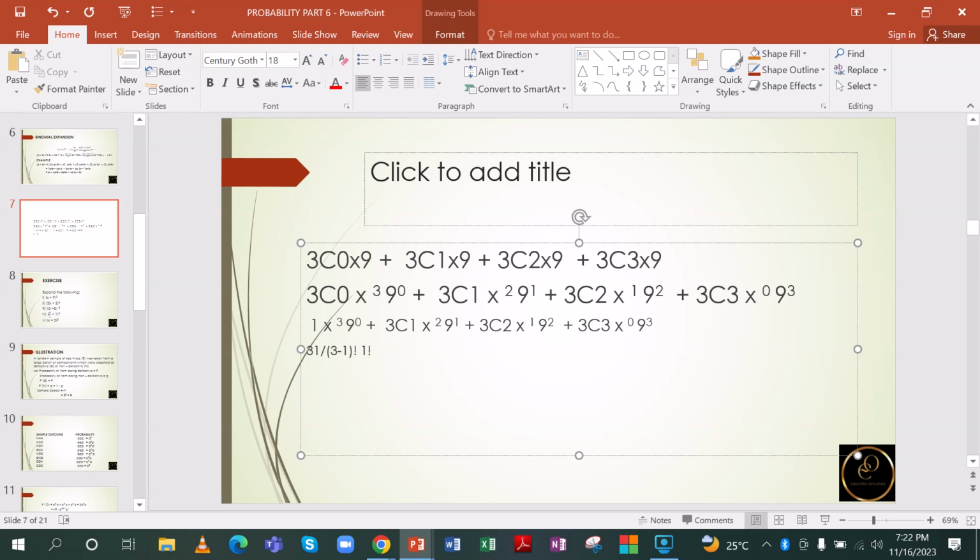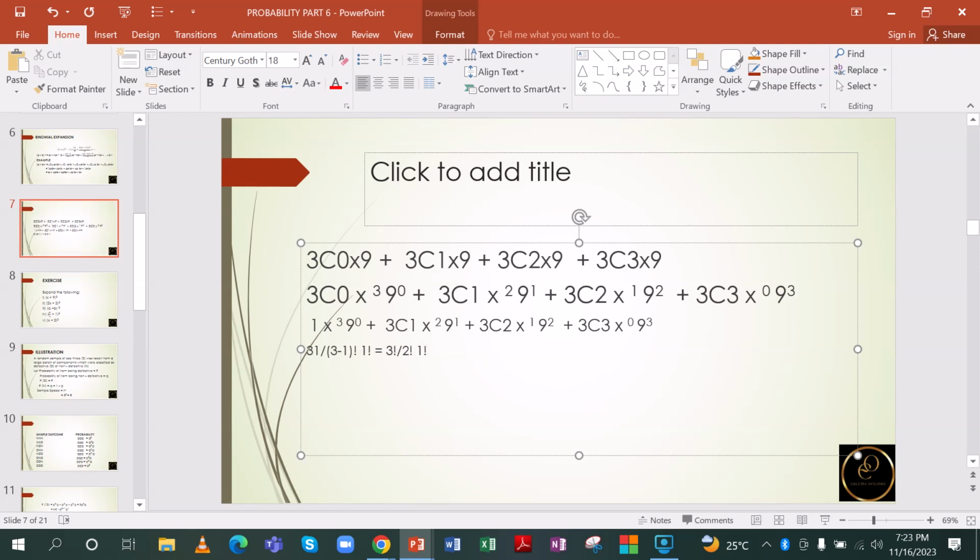Okay, so this means that you are going to have 3 factorial divided by 2 factorial multiplied by 1 factorial.